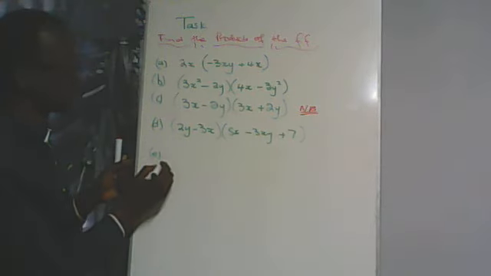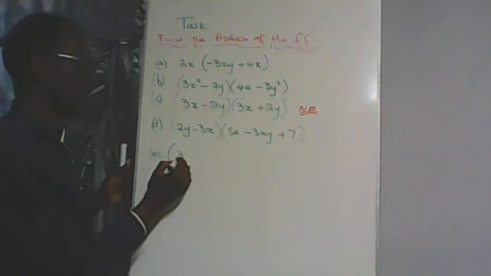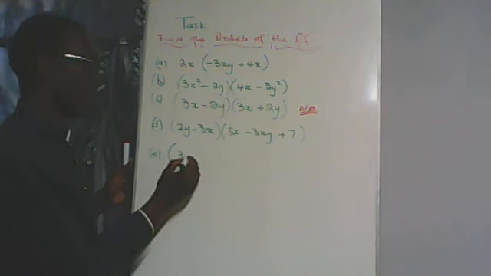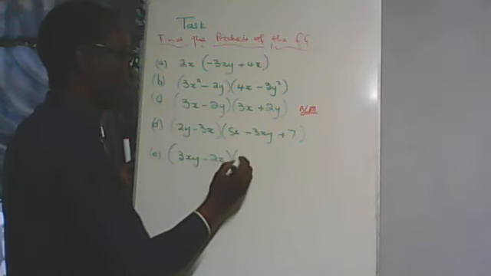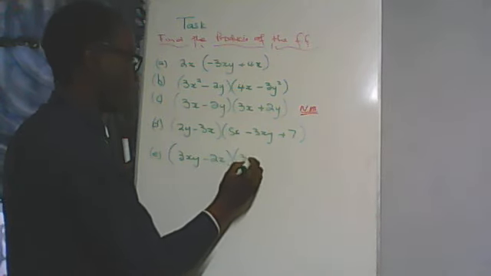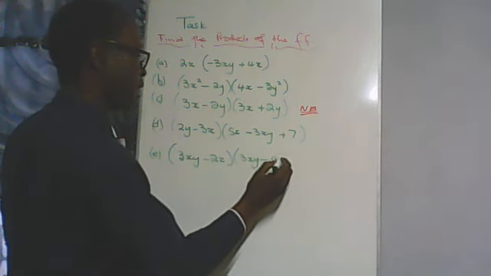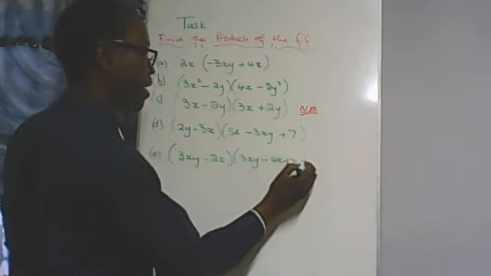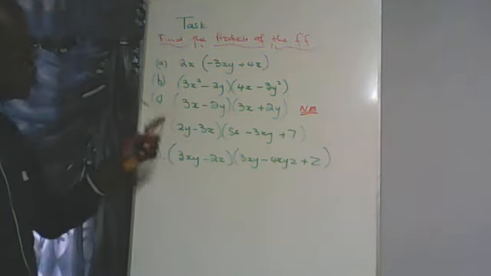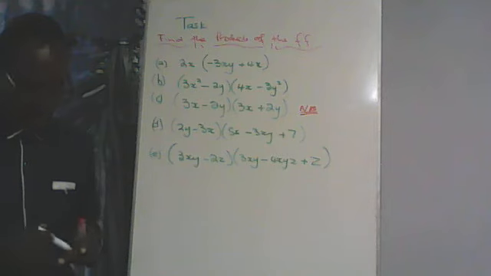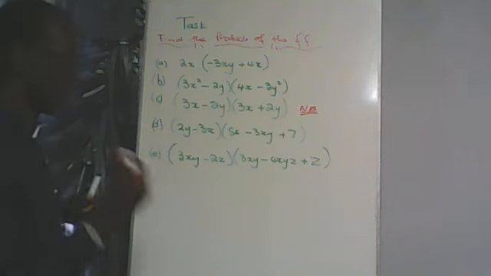Then the last one, 3xy minus 2z into 3xy minus 4xyz plus z. Now, I would like you to do this, guys. This will serve as your task.